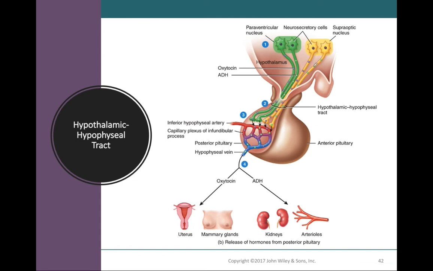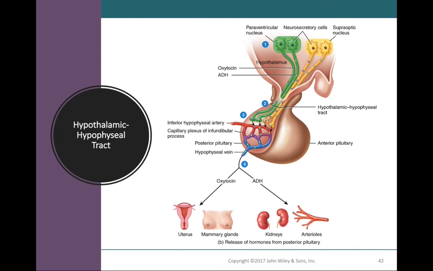You can see the green dots are indicating ADH, which is antidiuretic hormone or vasopressin, and the purple dots is oxytocin. So these hormones are going to be carried in vesicles down the axons of the neurosecretory cells through the infundibulum and into the axon terminals that are found in the posterior pituitary. So this is where these hormones are going to be stored.